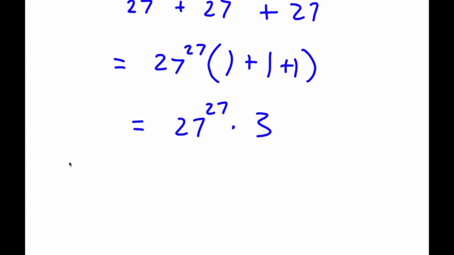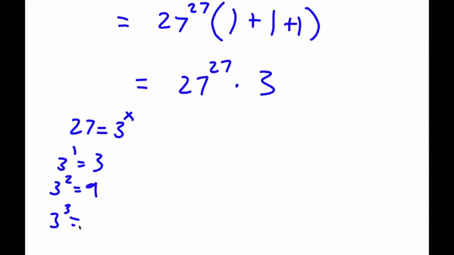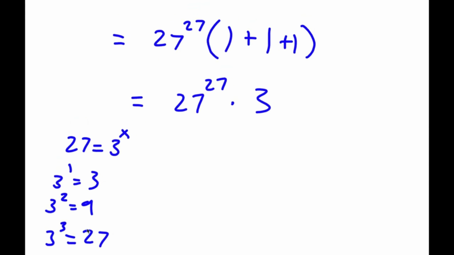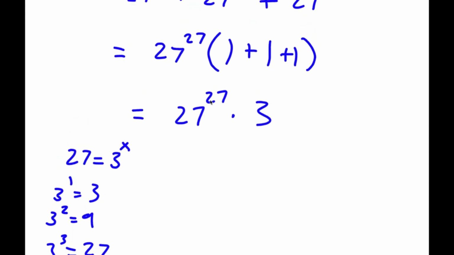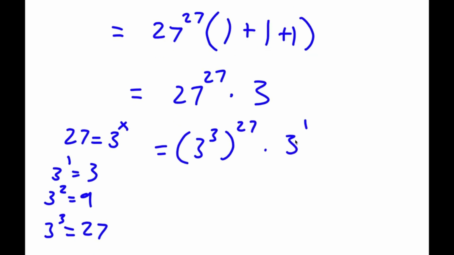So now 27 is equal to 3 to the power of what? Well, 3 to the power of 1 is equal to 3. 3 to the power of 2 is equal to 9. 3 to the power of 3 is equal to 27. So if x is 3, then I would have 3 to the power of 3 to the power of 27 times 3 to the power of 1.